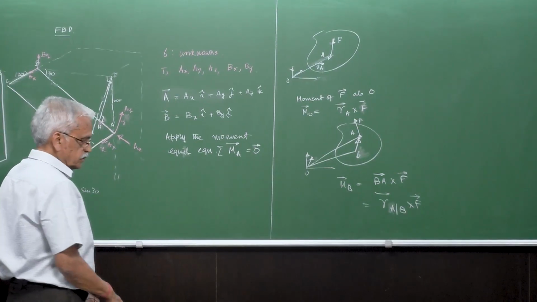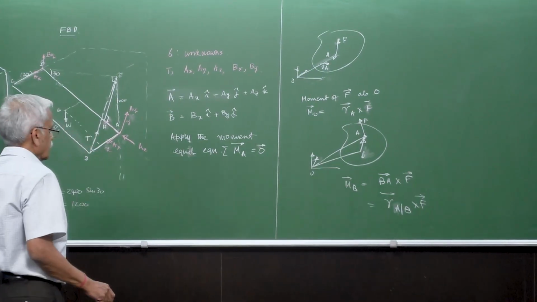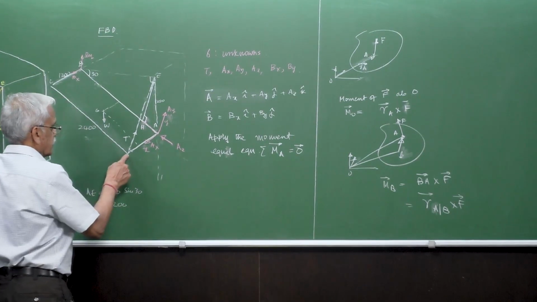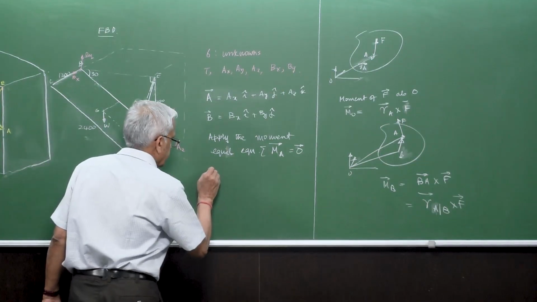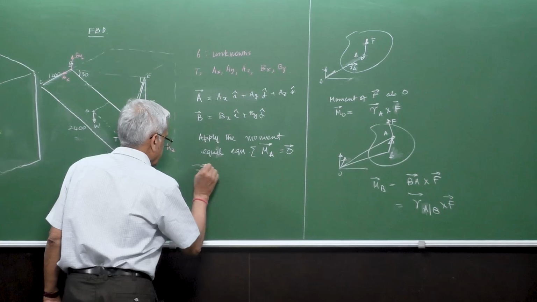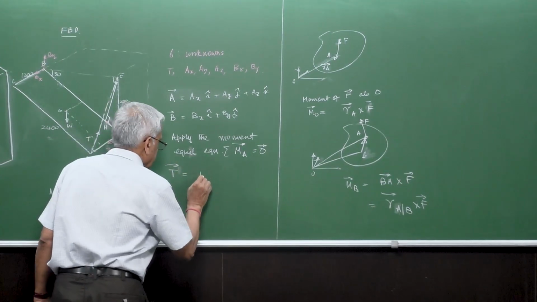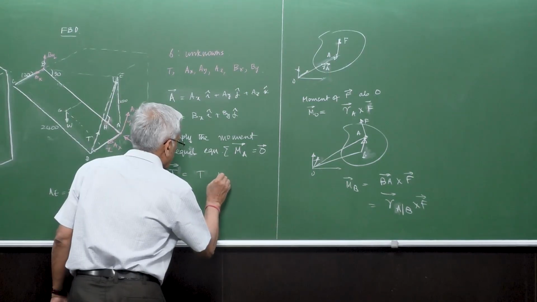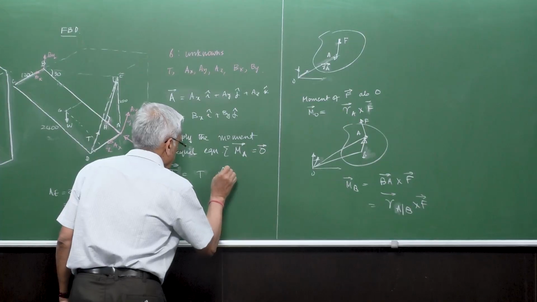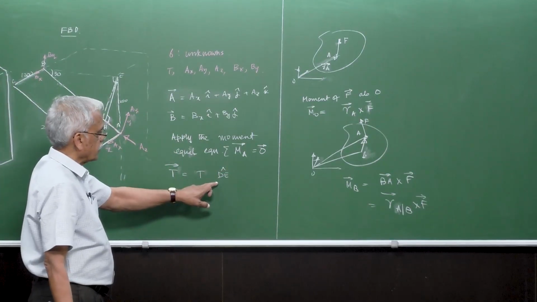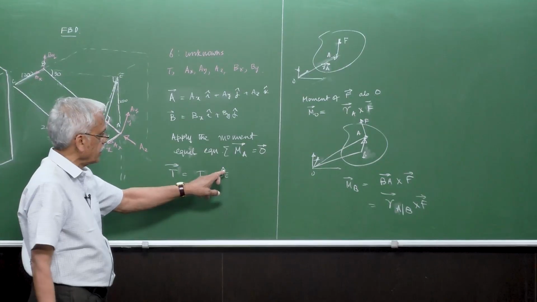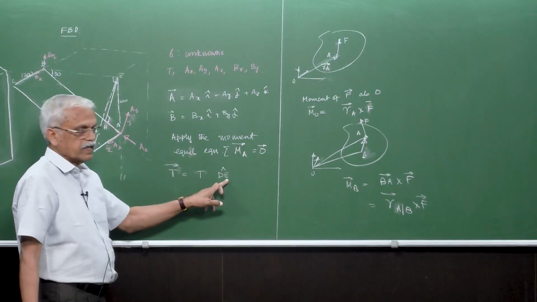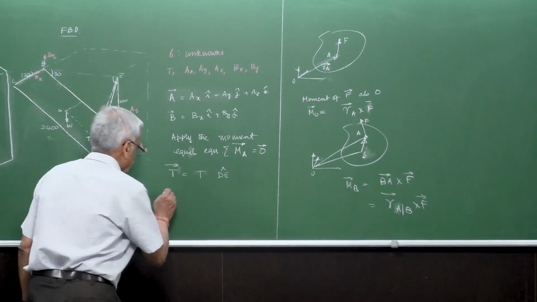Similarly, coming back to this problem, T is acting along DE. If you write T as a vector, it is nothing but the magnitude of T times the unit vector along DE. This cap means that it's a unit vector. So its magnitude is T and in the direction of DE.